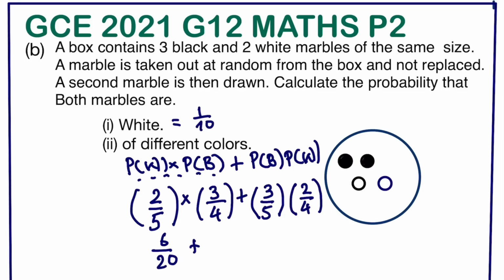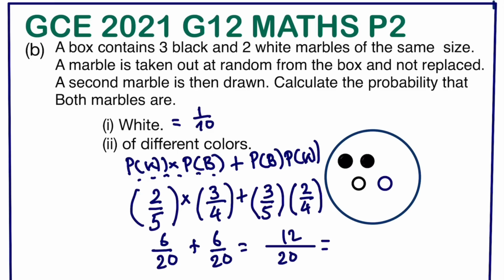plus, if we multiply these 2, we are still going to get 6 over 20. So they have the same denominator, and we can only add the numerators. So I have 12 over 20, which is also the same as, if we simplify, which number can divide?